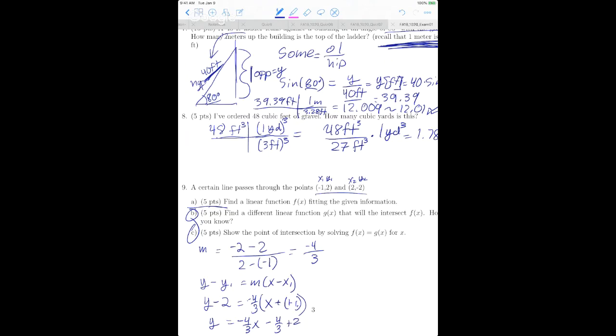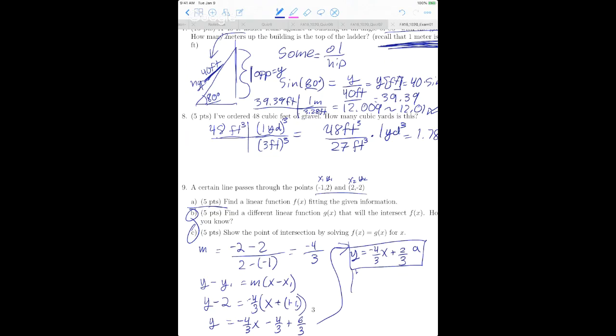Plus 2. But I got another way to write 2: 6/3. Lots of thirds running around in this test. I wonder if I had thirds on the brain when I was writing it, I guess. So y is -4/3 x plus 2/3. Yeah, there we go. Okay, so that's A right there.